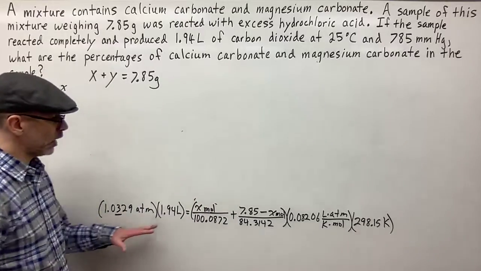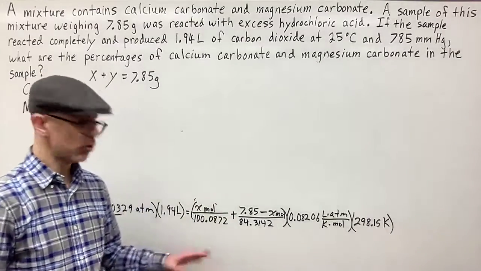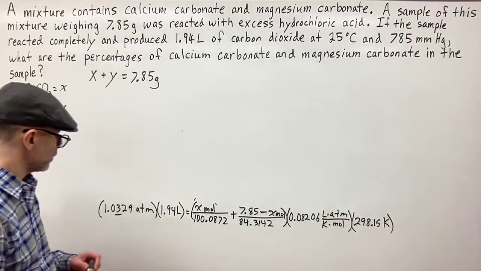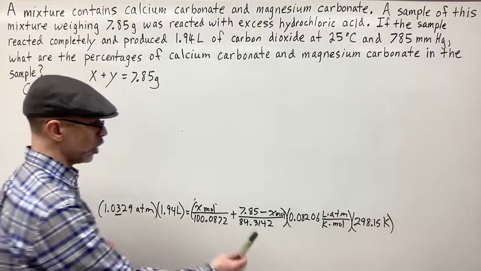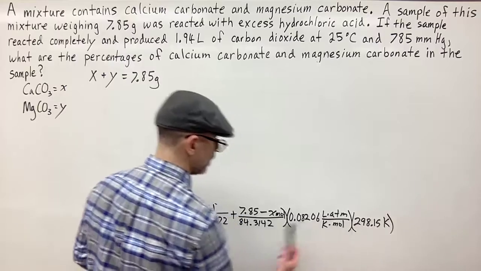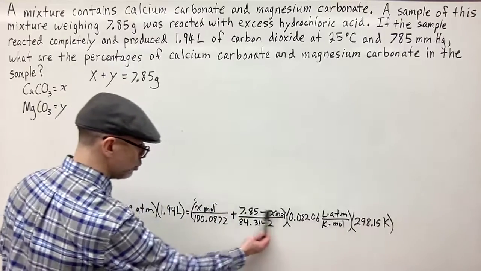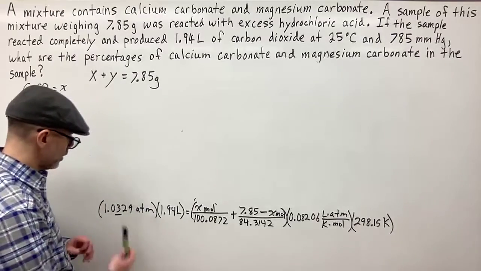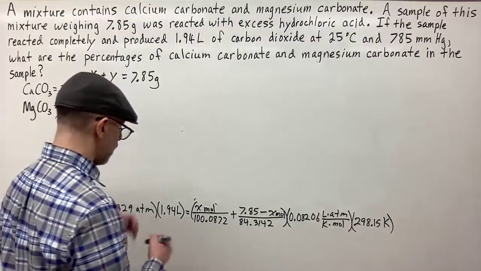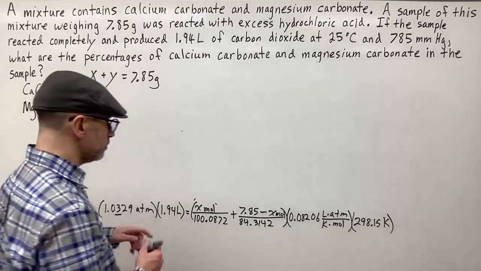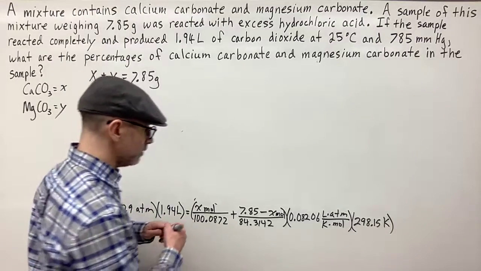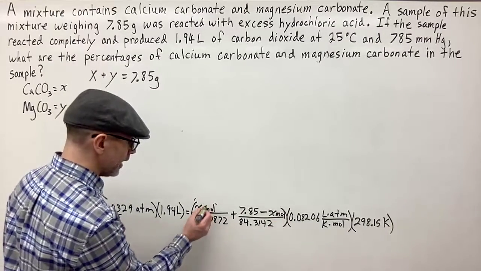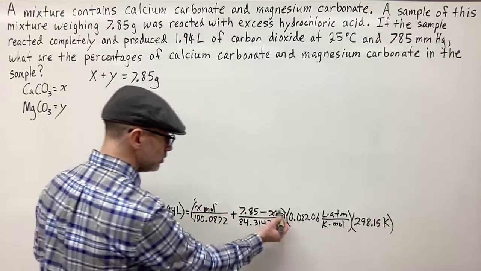Okay, so now what I'm going to do is I'm basically just going to multiply and simplify this a little bit. So these two numbers, this can be multiplied through here and divided by these. And then these two can be multiplied together as well. And then over here, we can begin to cancel out our units.